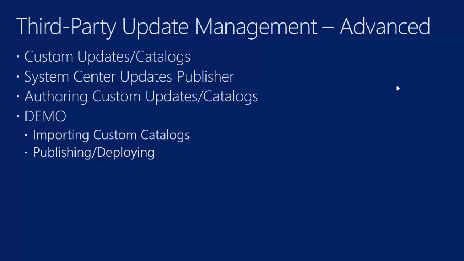So previously, it was possible with SCUP, and one might have thought here, to import a custom catalog by browsing to the cab file. That's not possible. You have to refer to a website in SSL format, and then you can deploy or pull in the catalog file and deploy.